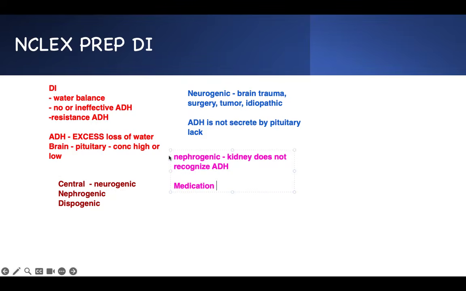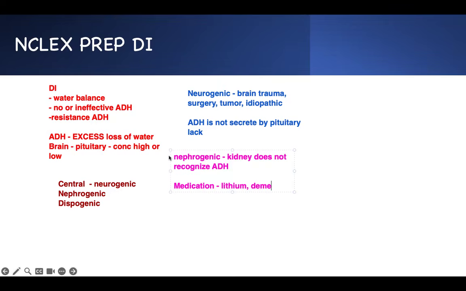Lithium is very smart. That's why it causes dehydration. It's because it makes you not see ADH. So lithium is the number one cause of nephrogenic diabetes insipidus. A patient who is on lithium would develop DI not because they don't have ADH, but because they have it and cannot recognize it. So the ADH doesn't do anything.